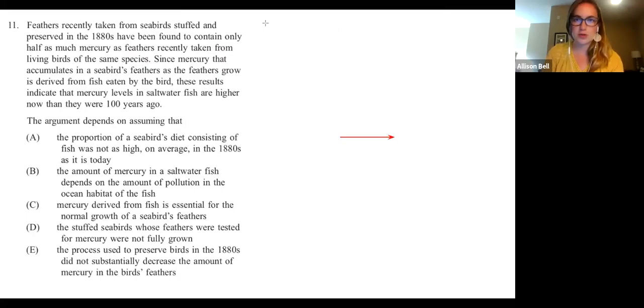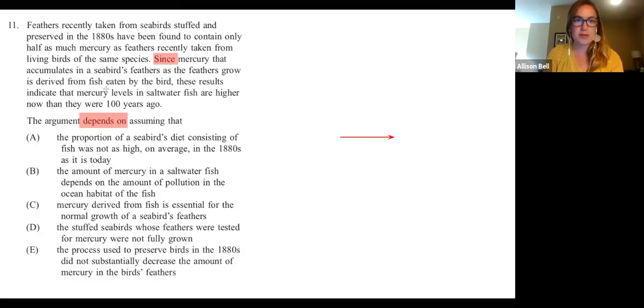So I know that I've got a necessary assumption question because it says the argument depends on, and I'm looking for the conclusion. In this case, I'm going to use this structure right here of since this, then that, to help me identify the conclusion. Since always sets up a premise. And what follows is typically going to be a conclusion.